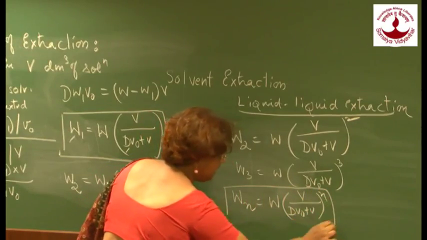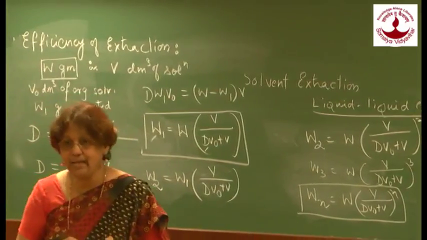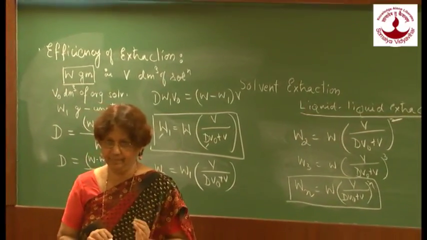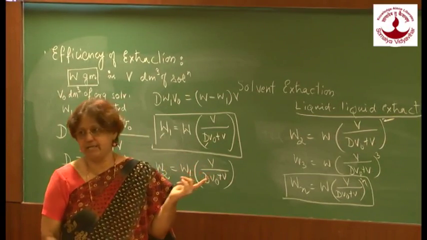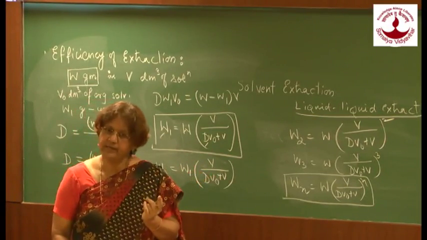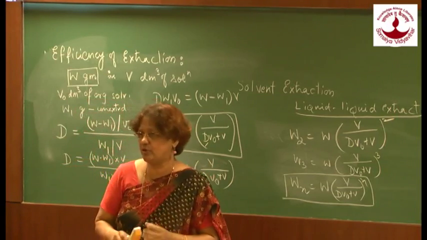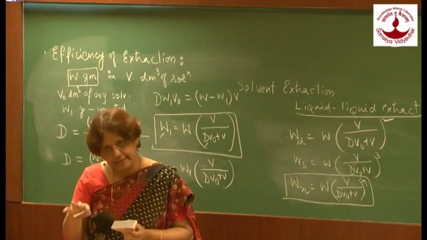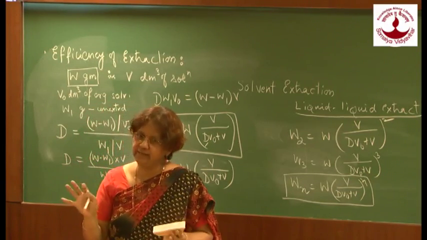This is the formula to be employed whenever it's a multiple extraction system. Alright? So, multiple extraction is more efficient. Multiple extraction using a smaller volume of organic solvent is more effective as compared to a single extraction using a larger volume.